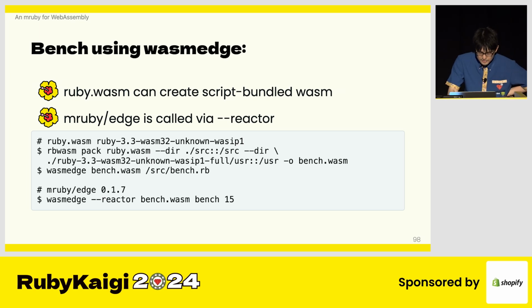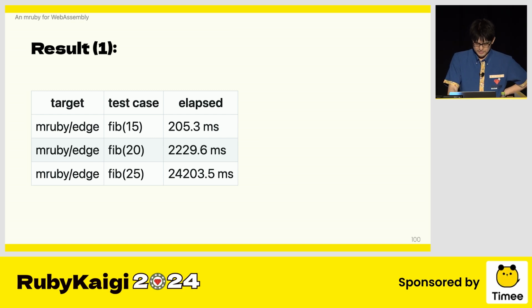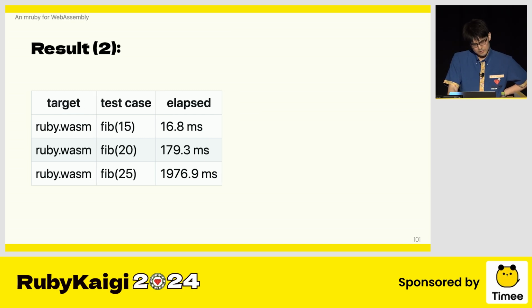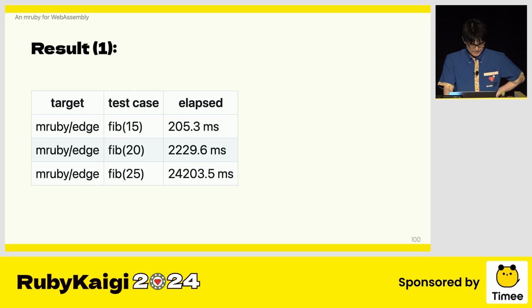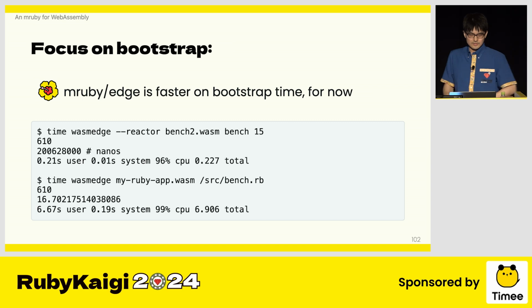Okay, so I used WasmEdge for a server-side benchmark. This is the result. This is all basically 10 times slower, but mruby edge is faster on bootstrap because there's almost no loading process.